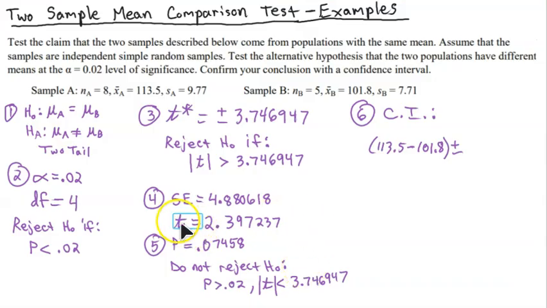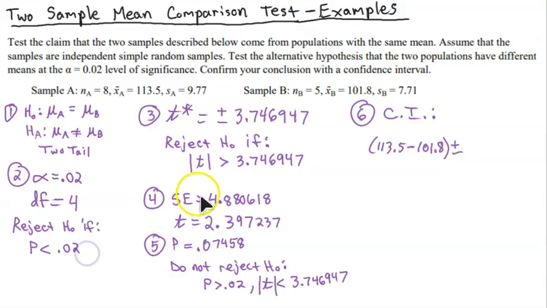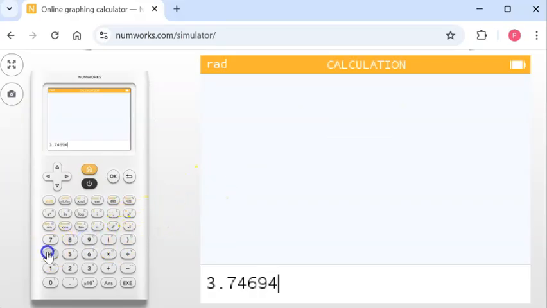Let's do the t for, oh, no, not these two, sorry. We need the t star, we need the critical t, 3.746947. That's what I get for not writing it down. I mixed them up.